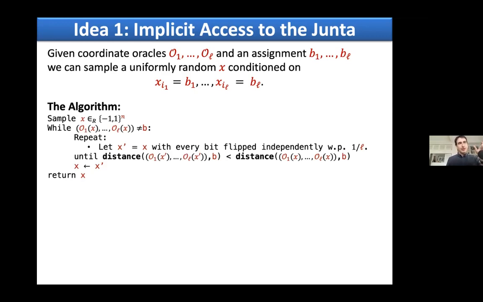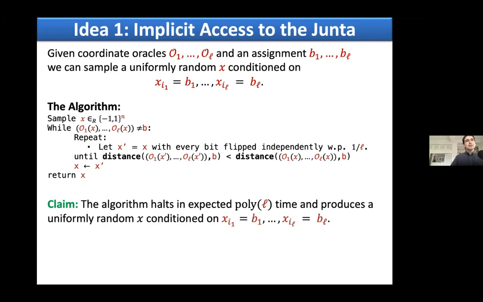And we check if the distance of the oracles applied to x', these L bits, from B is smaller than the distance of x to B, then we move from x to x'. And if not, then we try again, we apply another set of noise and try again. Eventually, when this external while loop ends, we know that the oracles equal B, and then we just output x.